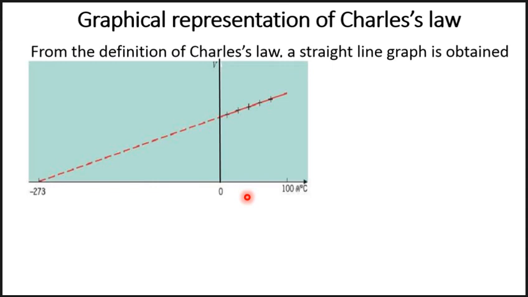So for thermodynamic temperature, I can have 0 Kelvin, but if I'm considering Celsius temperature, I can have minus 273 degrees Celsius. That is when I convert my 0 Kelvin to Celsius. So that is why this graph is looking like this.